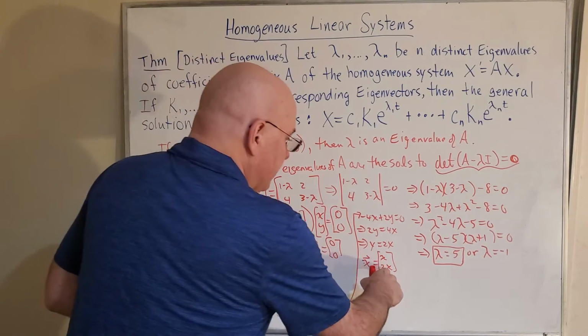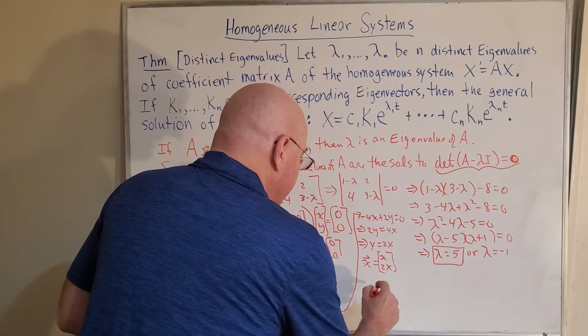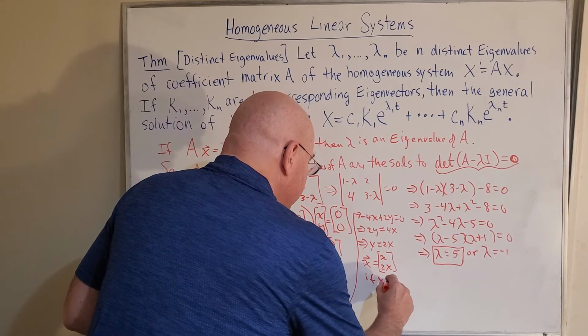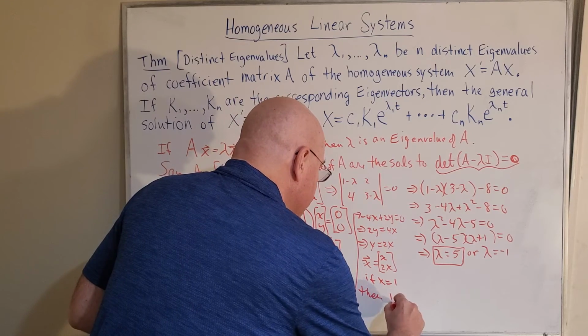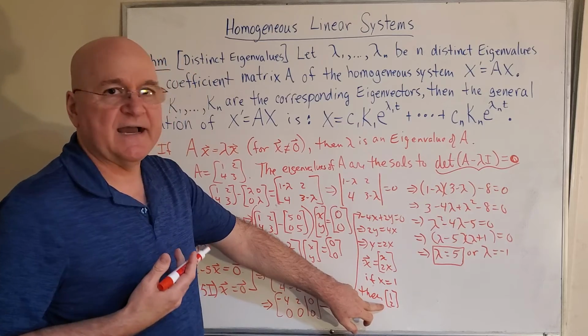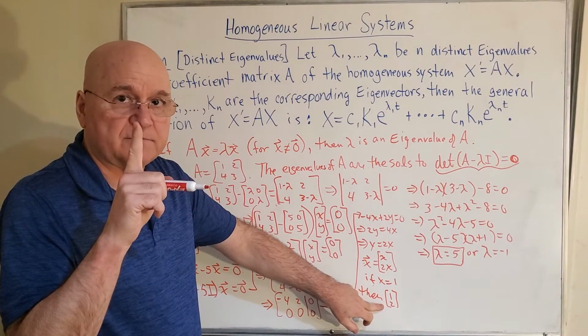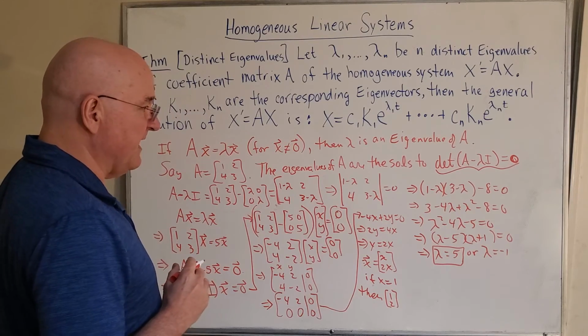So this is the infinite number of solutions. So let's pick one. How about if we pick, say, if x equals 1, then we would get 1, 2. That is an eigenvector, one eigenvector, associated with lambda equals 5.